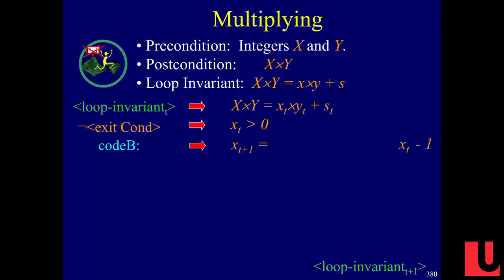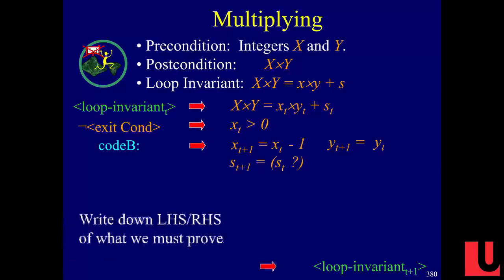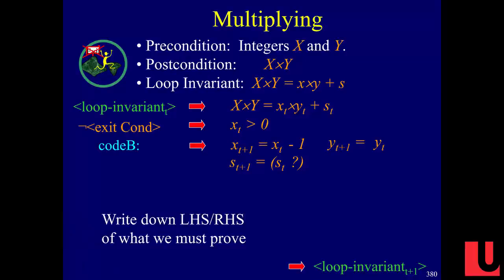And our code, well, this is the math of the part of the code that we have. And what don't we have? Well, maybe we can fill in some other things. Maybe we know that we're not going to change our y. And what's our s? We don't know. So now we're going to do right side, left side, and see what happens. What we want to prove is that, for the new values, this equals this, so we can get our loop invariant.